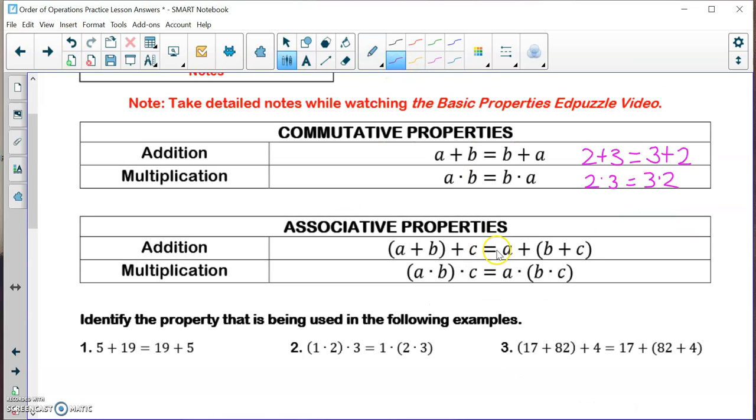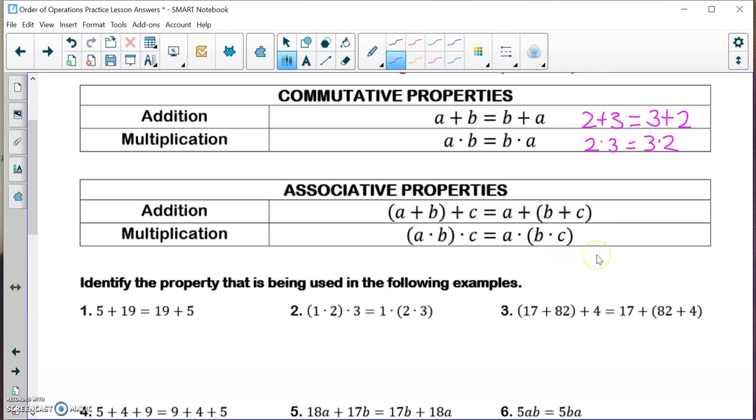Now, the associative property is the grouping of multiple terms. So typically you're going to have 3 things that you're adding or multiplying. Sometimes you might have 4 things, and it doesn't matter what order you do those things in. So, for example, if I do the 2 plus 3 plus 4, then if I do the 2 plus 3 first, that's a 5, and a 5 plus a 4 is a 9.